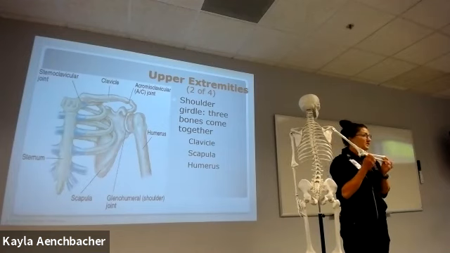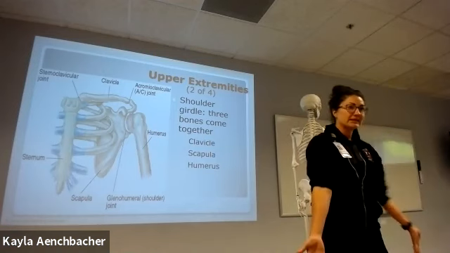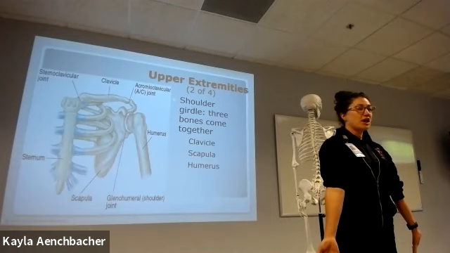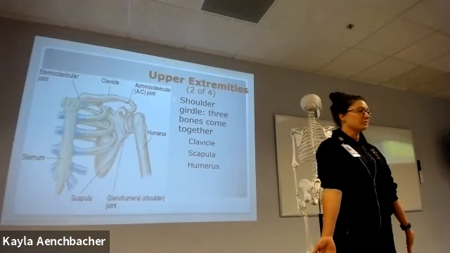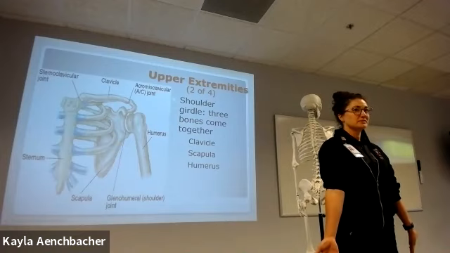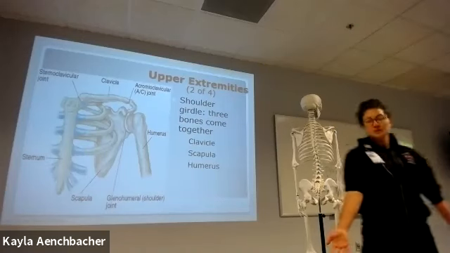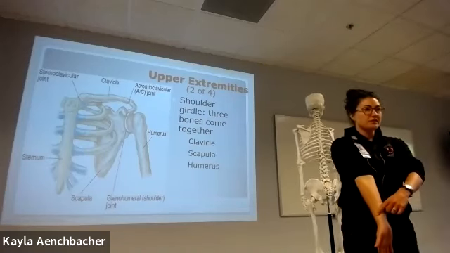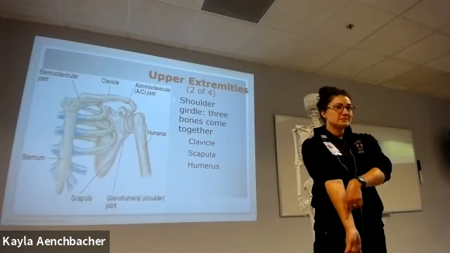Okay. So again, remembering the anatomical position, if we're standing like this, your lateral bone of your forearm is going to be what? The radius. Your radius, the thumb side. So the bone on the side of your thumb is your radius.